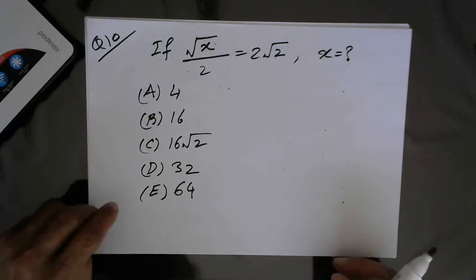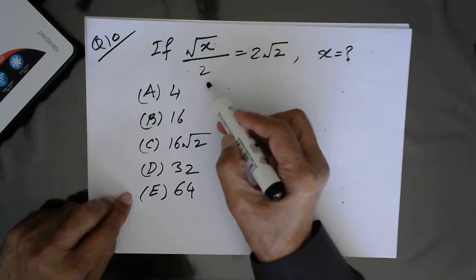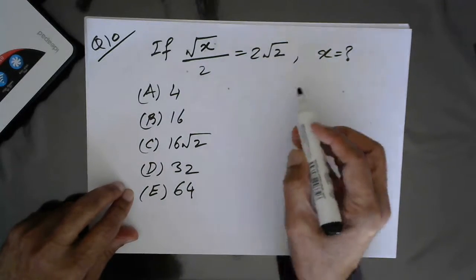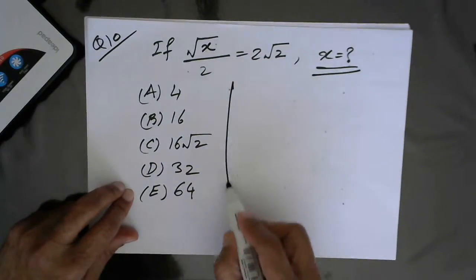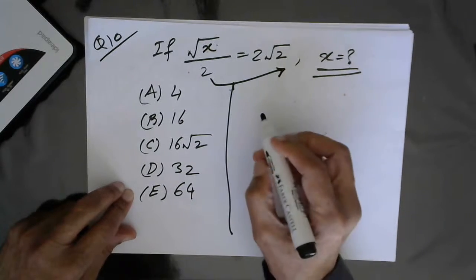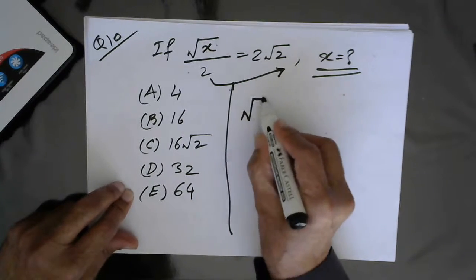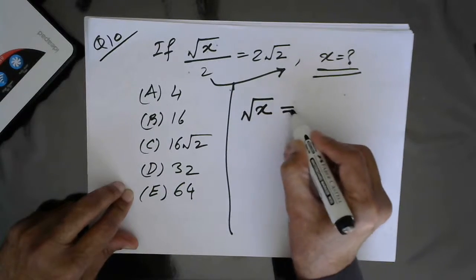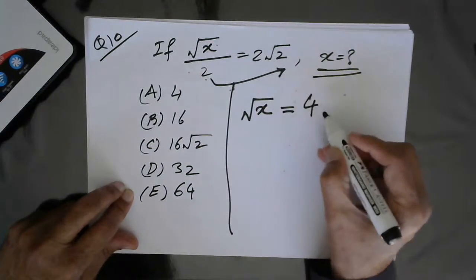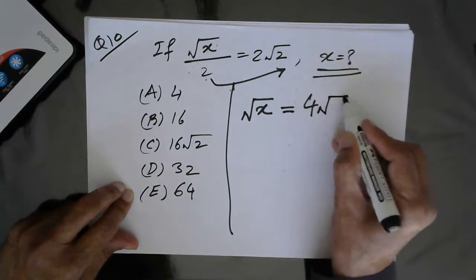Question number 10 is, if square root of x divided by 2 is equal to 2 square root of 2, then what is the value of x? Okay, what I'm doing, I transfer this 2 to the right hand side and I will get under root x on the left hand side is equal to this 2 will multiply this 2 and we will get 4 square root of 2.